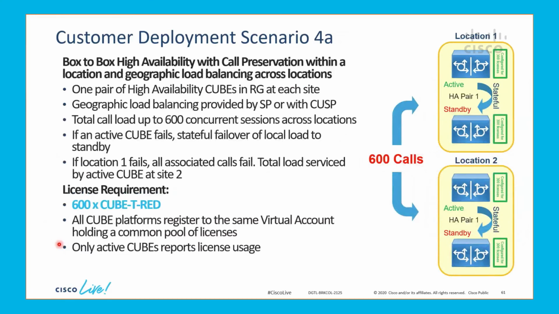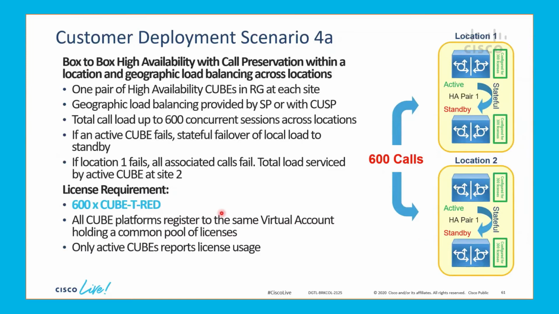The next scenario is what we like to refer to as scenario 4A. Two different locations. Each location has a CUBE HA box-to-box pair, and the total load across both the locations expected is 600 calls, right? It can be 300 over here, 300 over here, or 600 over here and 0 over here.